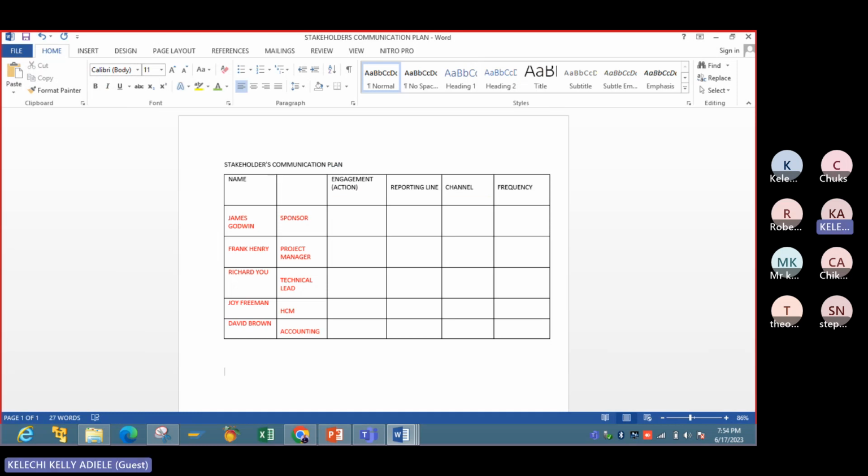So this is engagement type. So we have manage closely, keep informed, keep satisfied, monitor.